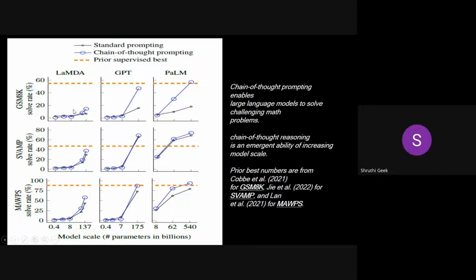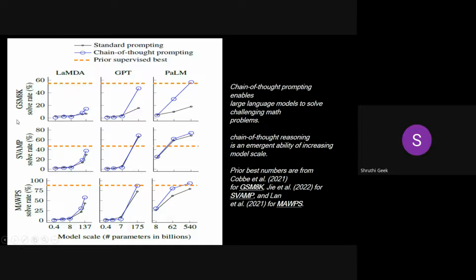And as you can see, LaMDA from Hugging Face gave a pretty good spike while introducing Chain of Thought, while GPT could cross its bar and reach around 50% of solving problems with GSM8K.